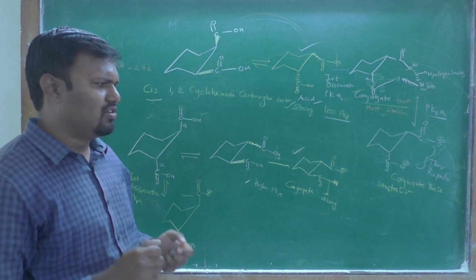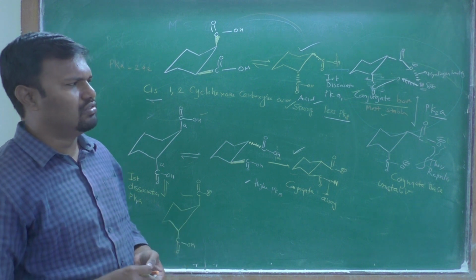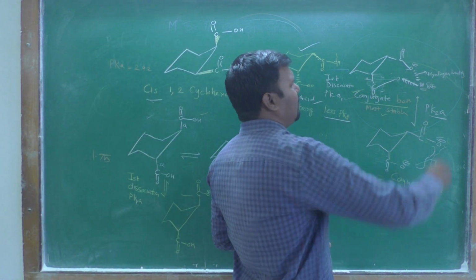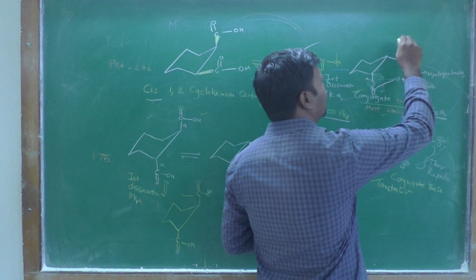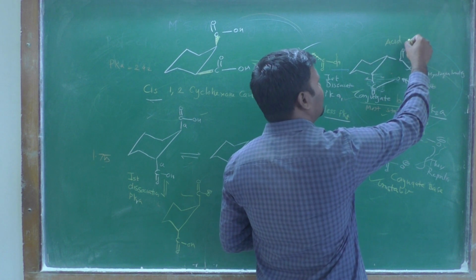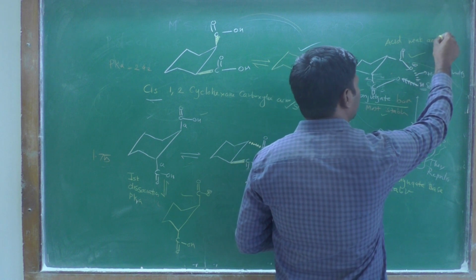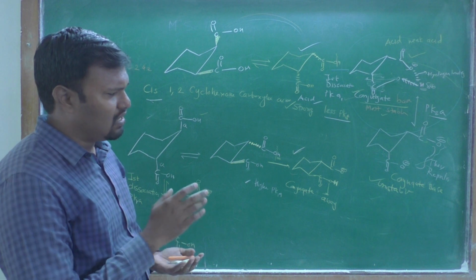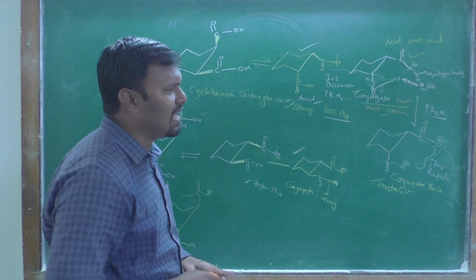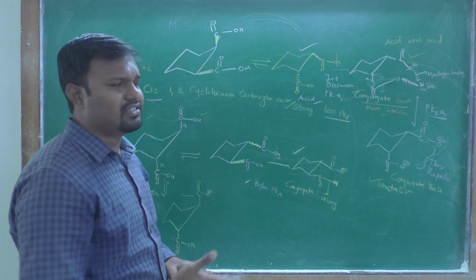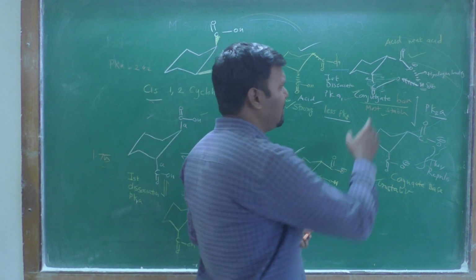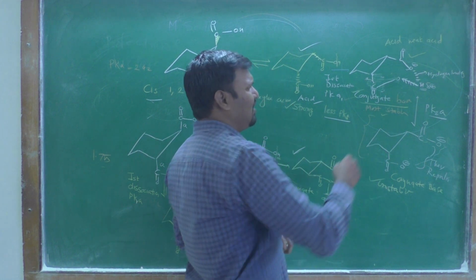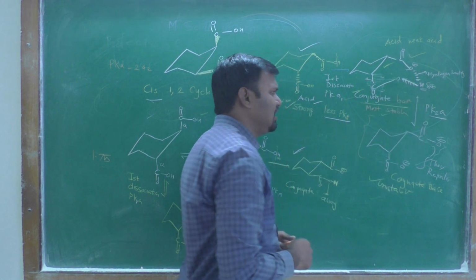Therefore this conjugate base is unstable, and therefore this acid is a weak acid. If your conjugate base is unstable, its conjugate acid is a weak acid. When the molecule finds that the conjugate base is unstable, it dissociates in less quantity.